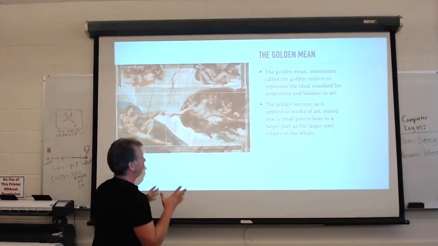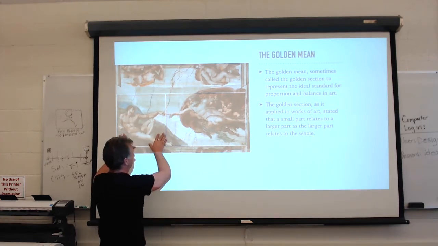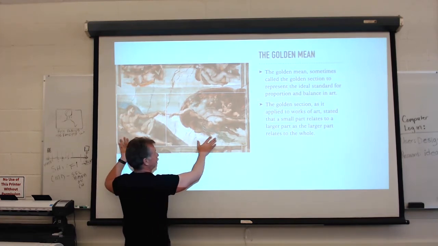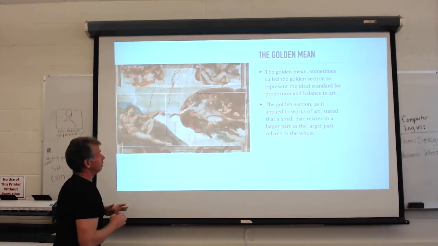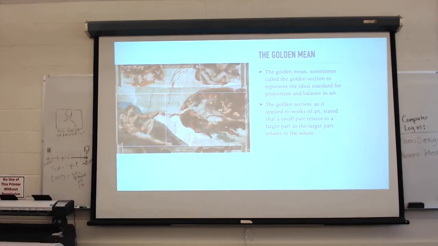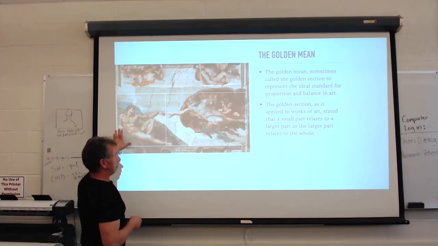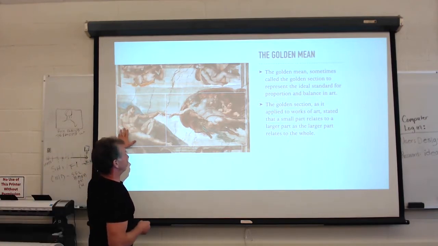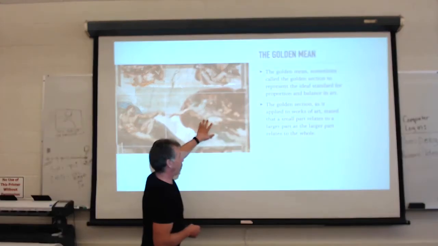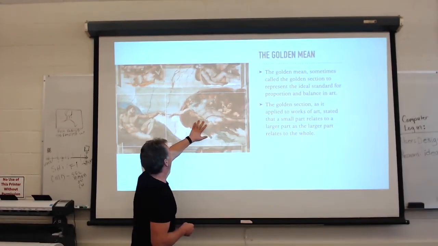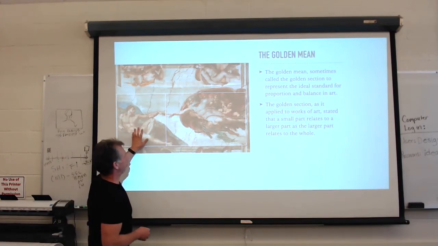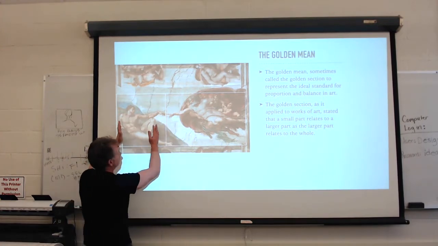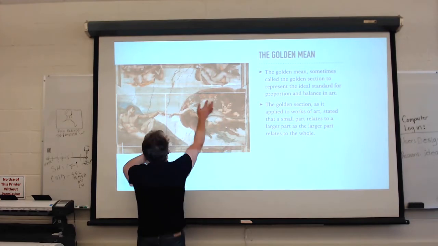And because we're humans, we kind of feel comfortable with this. This makes sense to us. And we can see that Michelangelo used it to make his work more interesting. So the golden section: a small part relates to a larger part as the larger part relates to the whole. So as we were looking at this, we compare this, and then to the whole thing.